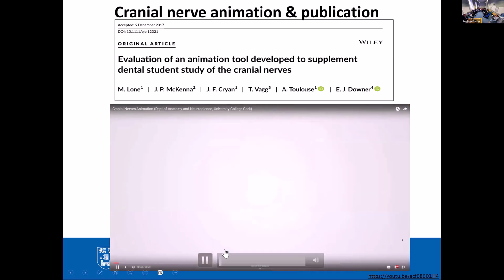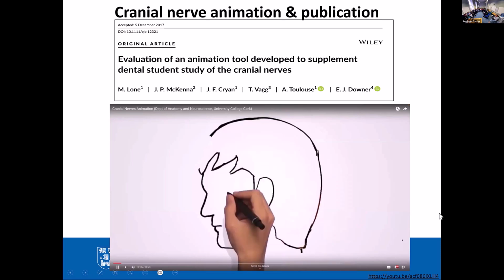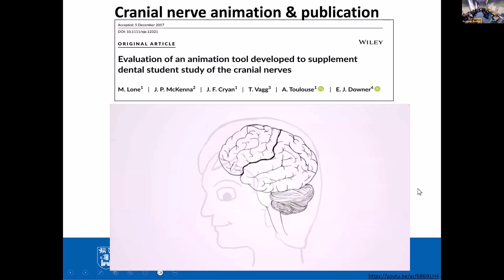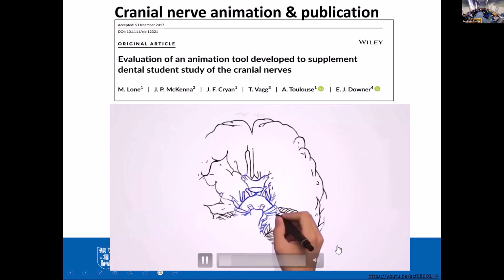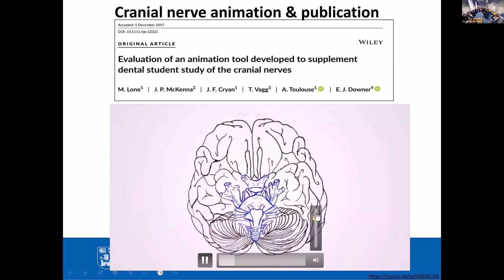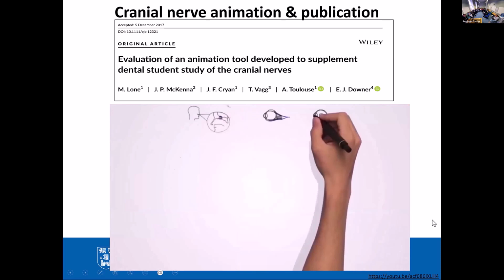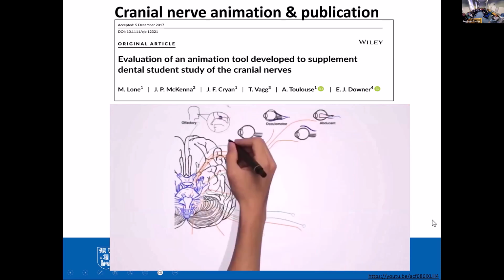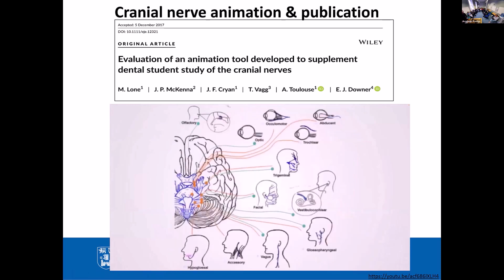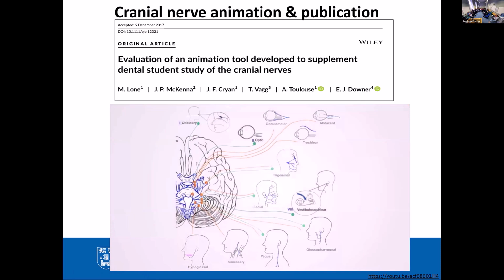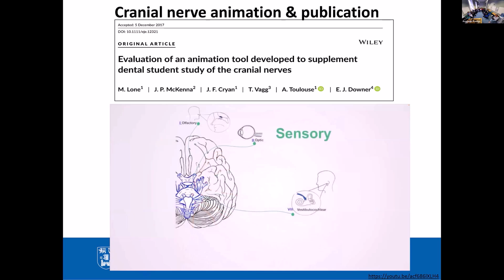My name is Jimmy. Today I'll be talking to you about the 12 pairs of cranial nerves in the head and neck region of the human body. These nerves are part of the peripheral nervous system, and all nerves originate mainly from the brain and exit the cranial cavity by passing through foramina and fissures. We use these nerves subconsciously in nearly every action or movement that we do. Some nerves have sensory function, such as the olfactory, optic, and vestibulocochlear nerves.